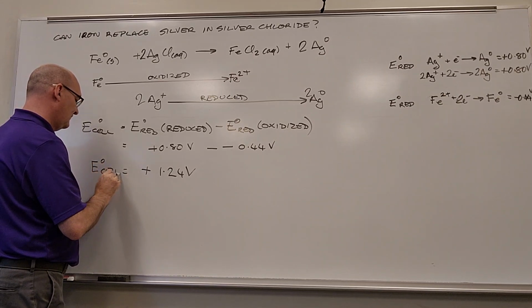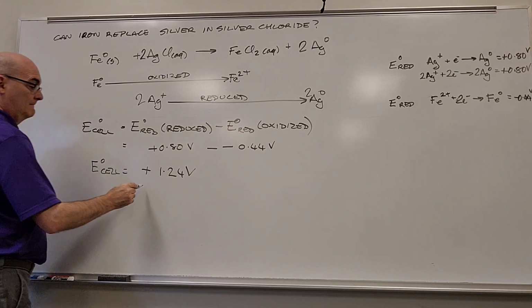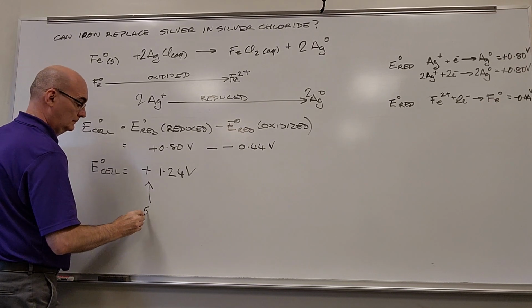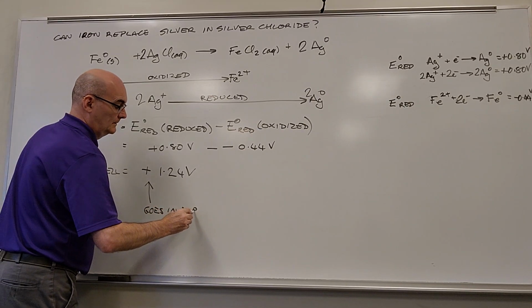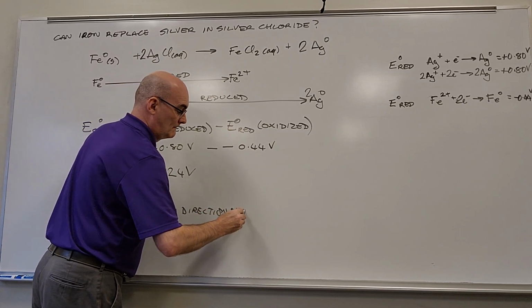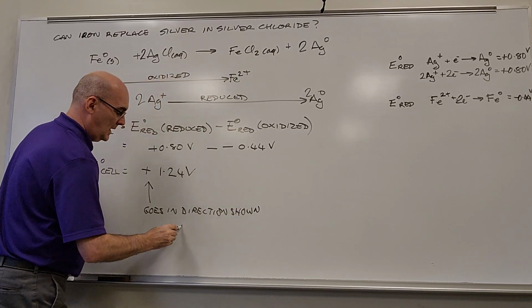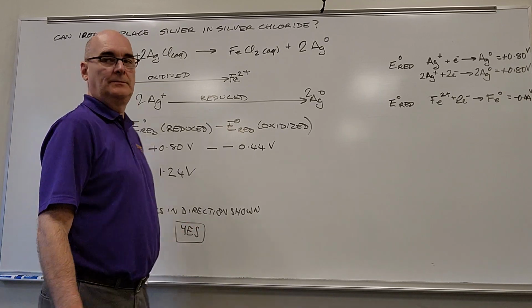All right, what does the positive value mean? The cell goes in the direction shown. So the iron can replace the silver ions. So my answer is yes.